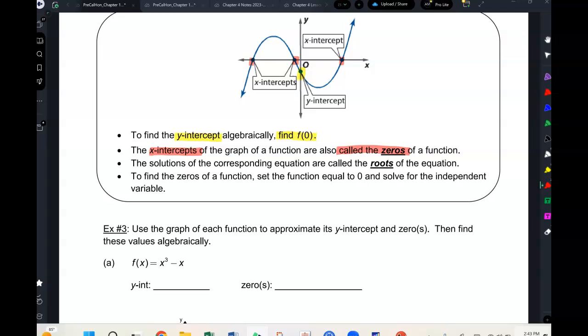The solutions or roots of that function correspond to the same points. To find the zeros of the function, you set the function equal to 0 and you solve for the independent variable. So x-intercept, solutions, zeros, roots all refer to the same points.